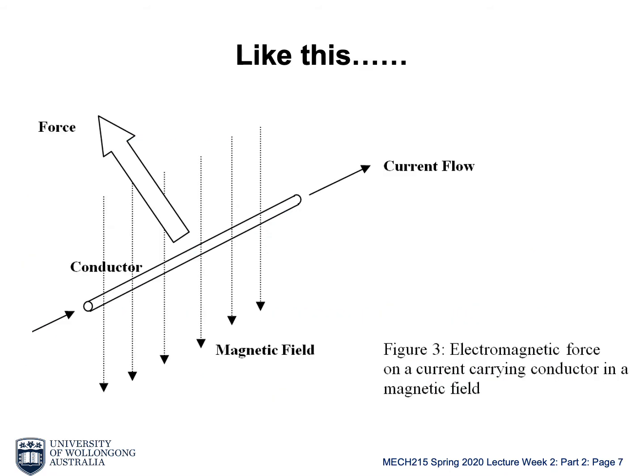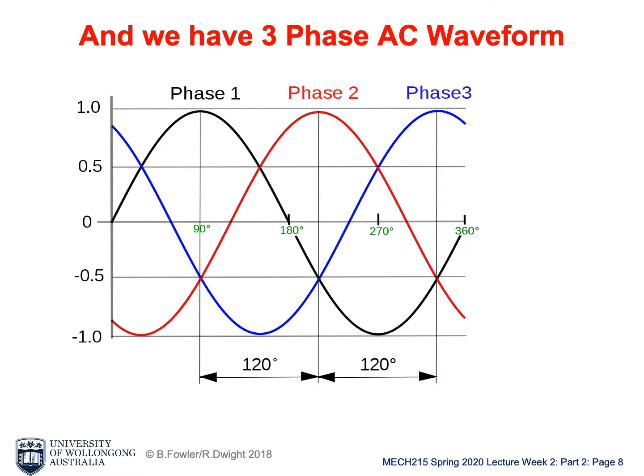Like this, the electromagnetic force will be generated on the conductor if this conductor has current going through it and it's under a magnetic field. We have a three-phase AC waveform coming from the power supply. Each one of these waveforms is a sine wave, and they are 120 degrees apart in phase.